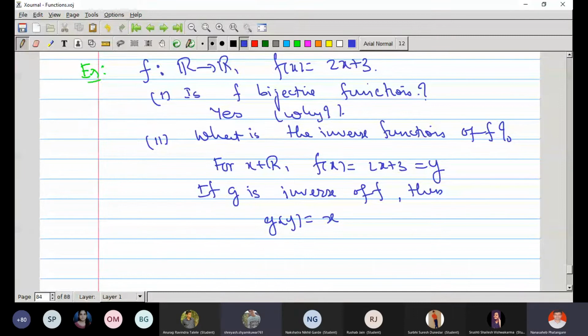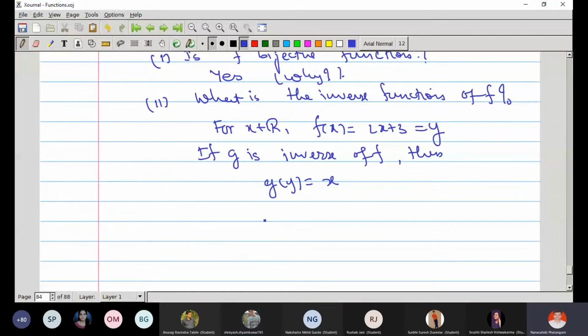So g of y should be x, and therefore what is the definition of the inverse function g in this case? So g of y is equal to x means what? So what is g of y? (y minus 3) by 2.